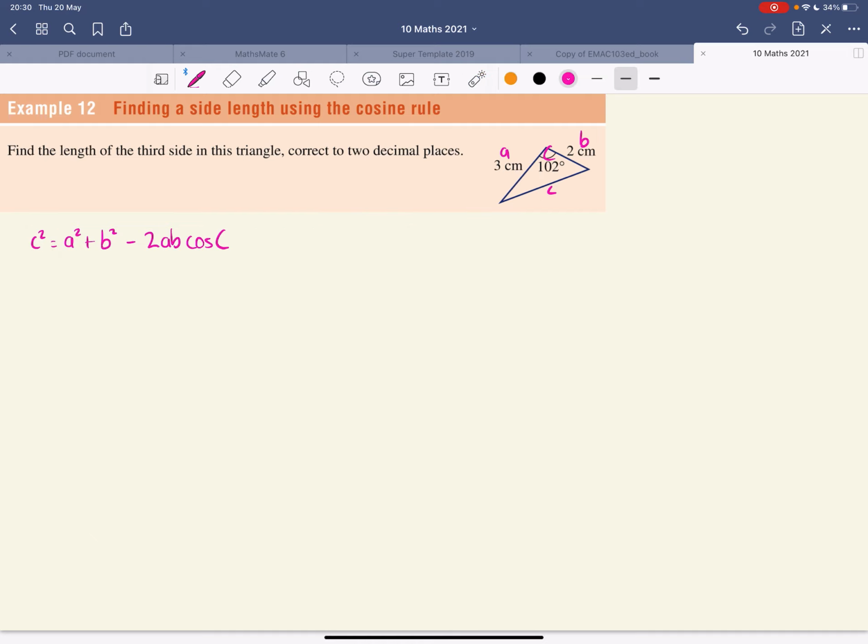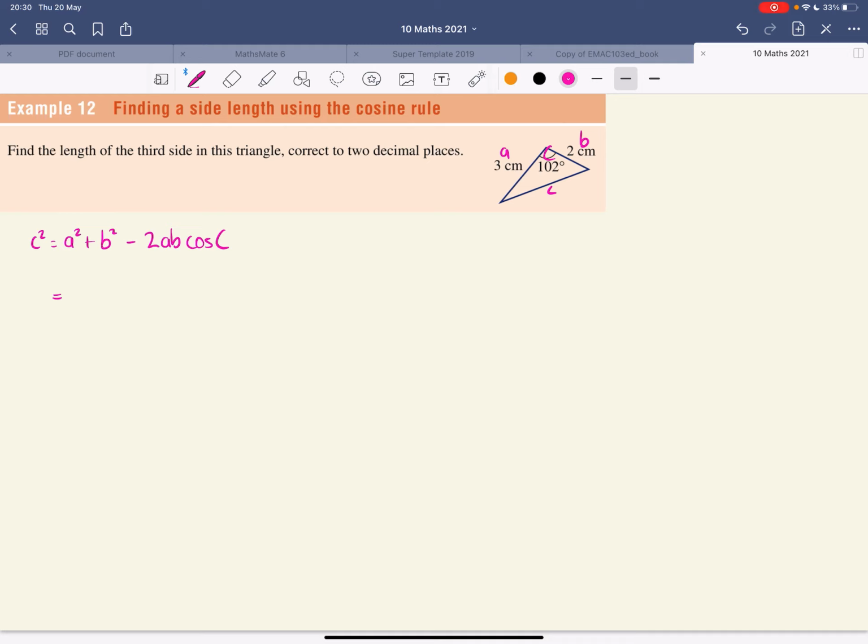Just like normal, we'll substitute everything that we know. The cool part about this one is that we've already got C in the position of the subject. We will eventually have to take the square root, because, yeah, you'll see we're trying to find C.